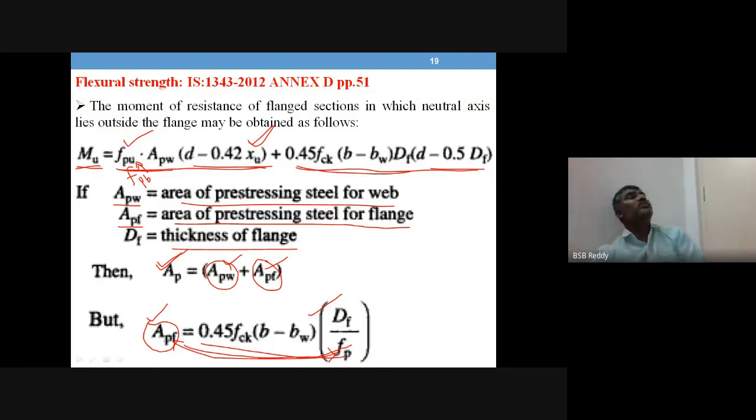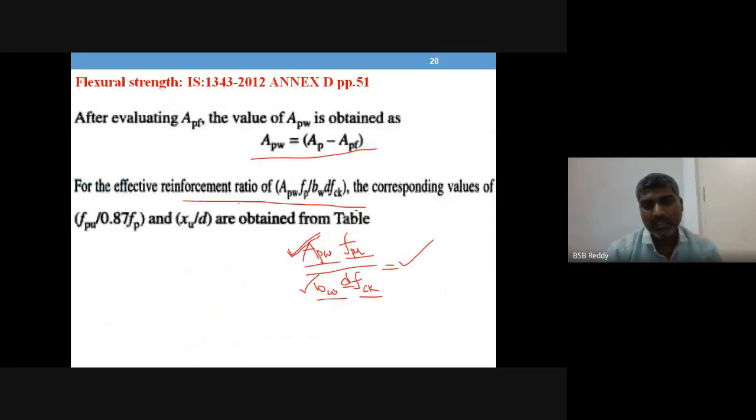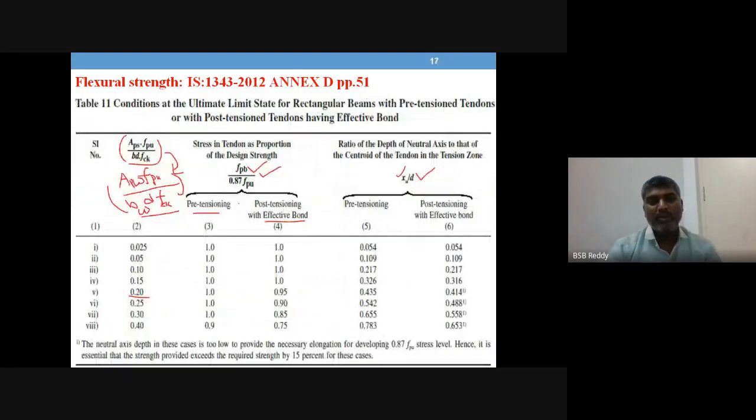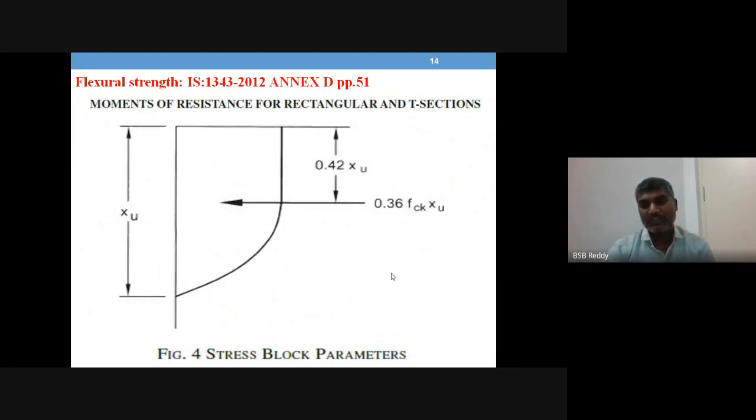Okay, so this is how we can calculate the moment of resistance for three types of sections. One is rectangular, another is the T section or flanged section with the neutral axis falling in the flange, and the third case is the flanged section with the neutral axis falling outside the flange.